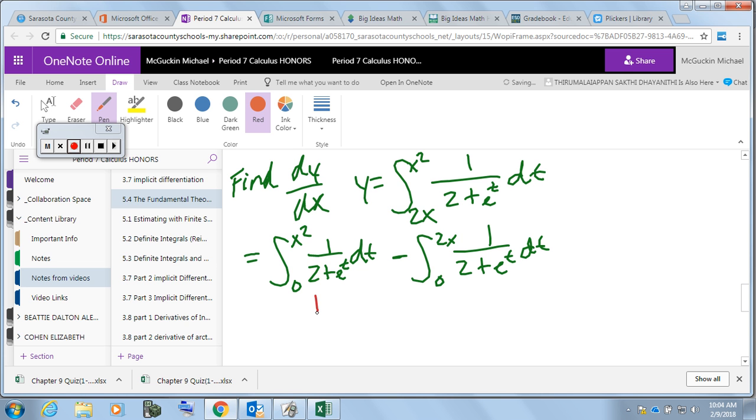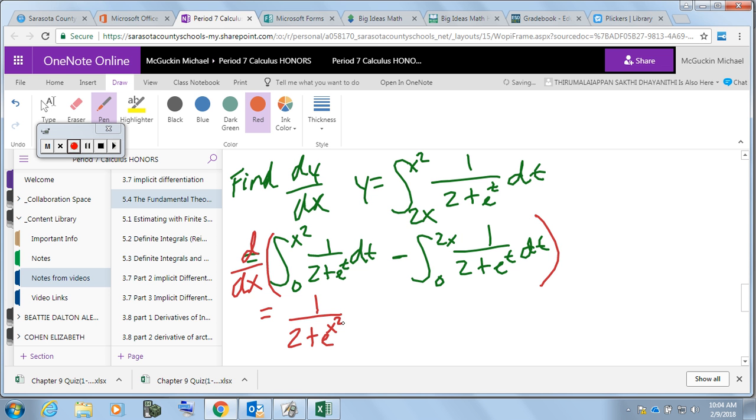So let's take the derivative. This is going to be equal to 1 over 2 plus e to the x squared in this particular case.